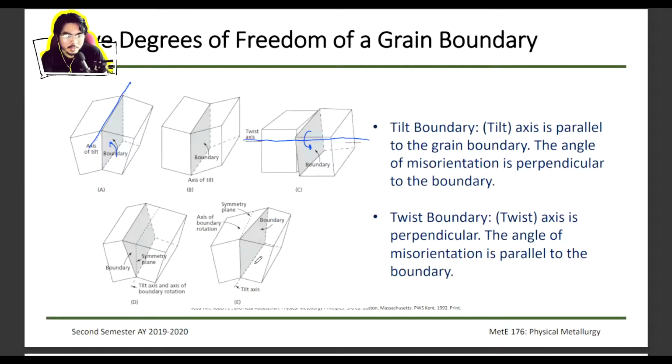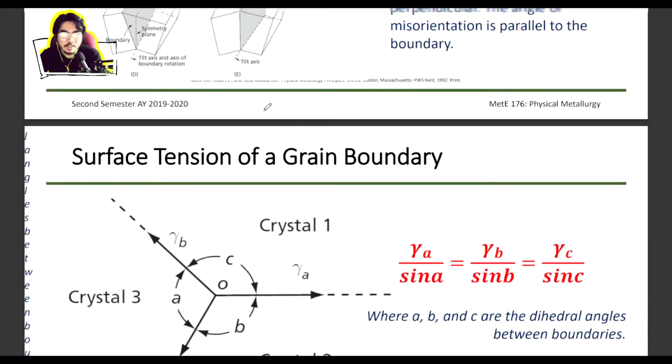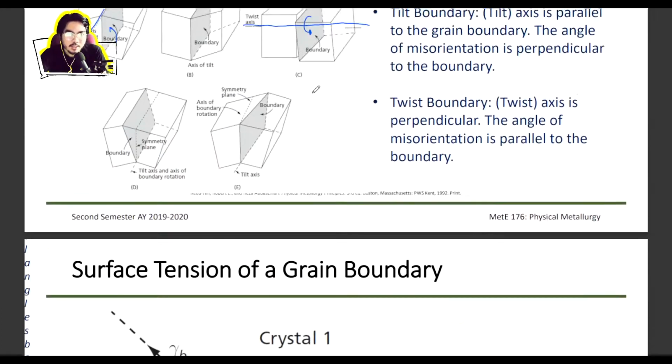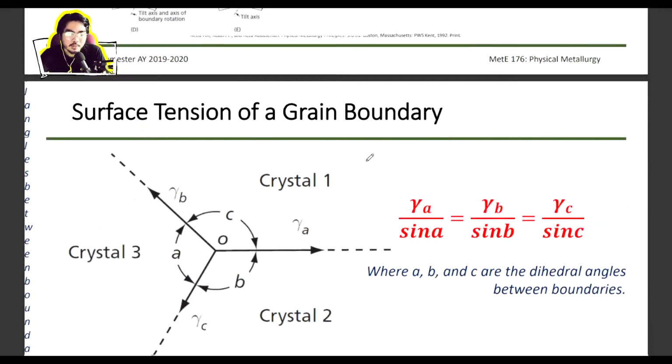With tilt, the boundary is tilting along the tilt axis. It's hard to imagine here, but this will make more sense when we discuss the movements of grain boundaries. So maybe we can skip this part, the tilt and twist boundaries, for now.